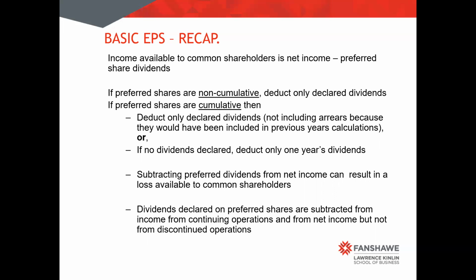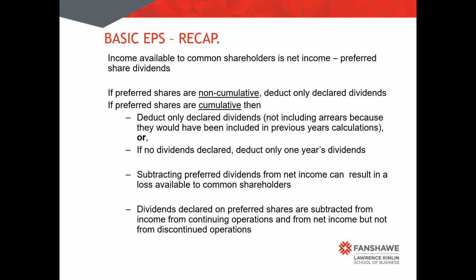Or if no dividends are declared, deduct only 1 year's dividends. So you always have to make sure that if you have a preferred share dividend, you are removing it, whether it's declared or not. You need to subtract those preferred dividends from net income, and it could result in a loss. Just keep that in mind.